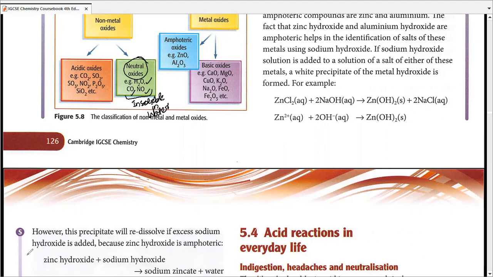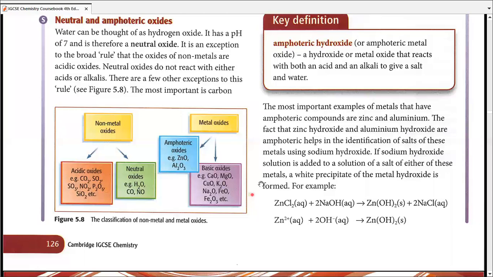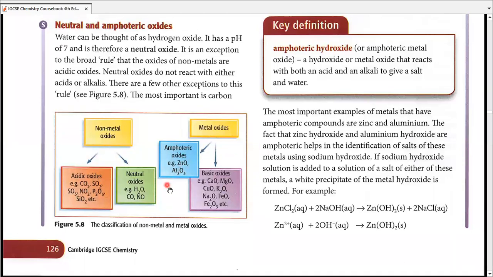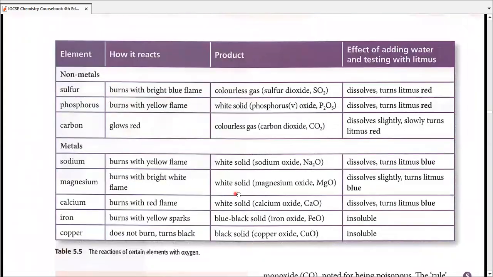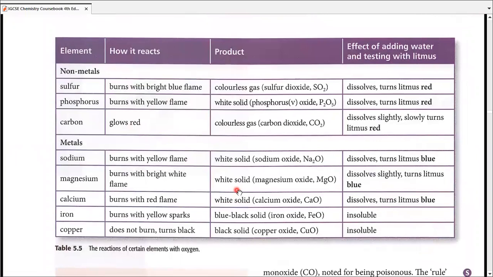Good. This finishes 5.3 for us. Now remember, 5.3 is a big topic. It has examples, definitions, equations, and on top of everything, there are a lot of colors involved.